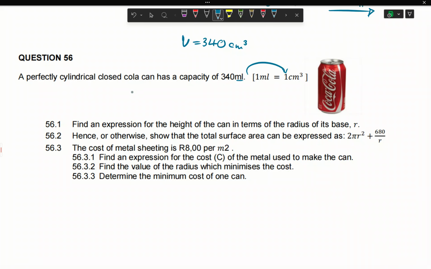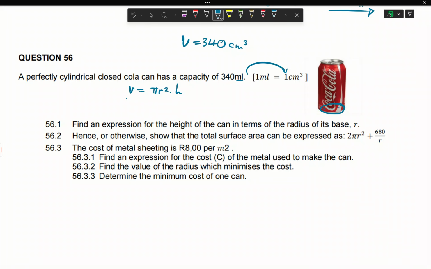We know that the volume of any shape is the area of the base multiplied by the height. What is the area of the base? This is like a Coca-Cola can, guys, it's cylindrical and they say it is closed. So the base is the circle here. The area of a circle is pi r squared, multiplied by height.